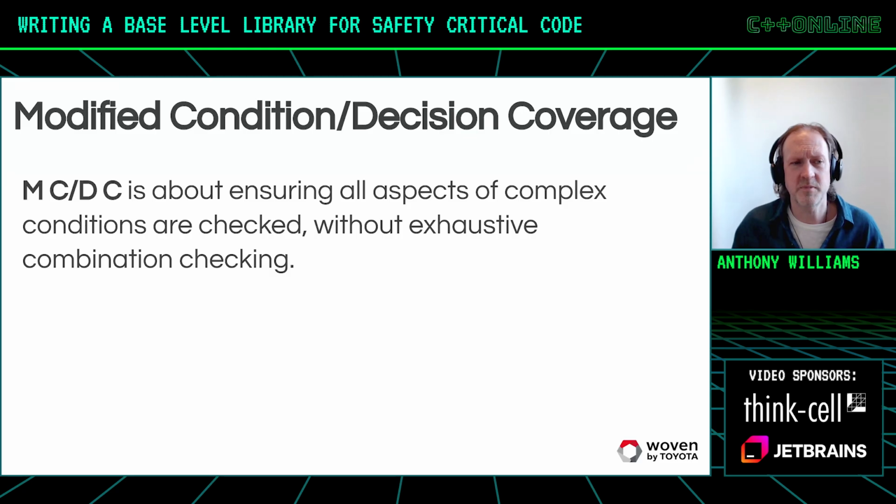It's about ensuring that all aspects of complex conditions are checked without doing exhaustive combination checking, because in a complex condition, exhaustive checking just makes things too tricky. The number of conditions to check goes up, and it doesn't necessarily have enough different consequences to make it worthwhile.